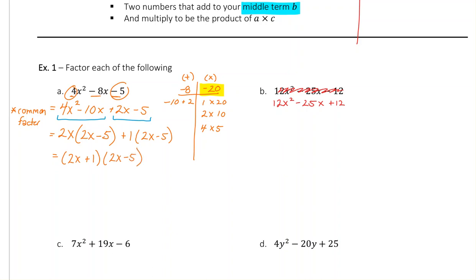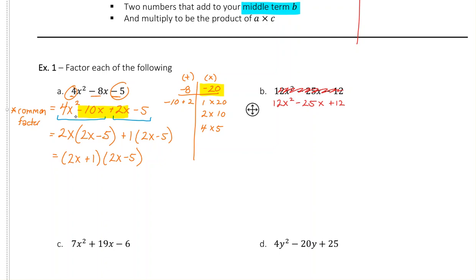One more note that I always get asked at this step: when I wrote this as negative 10x plus 2x, you could rewrite it and put the positive 2x first and the negative 10x second.